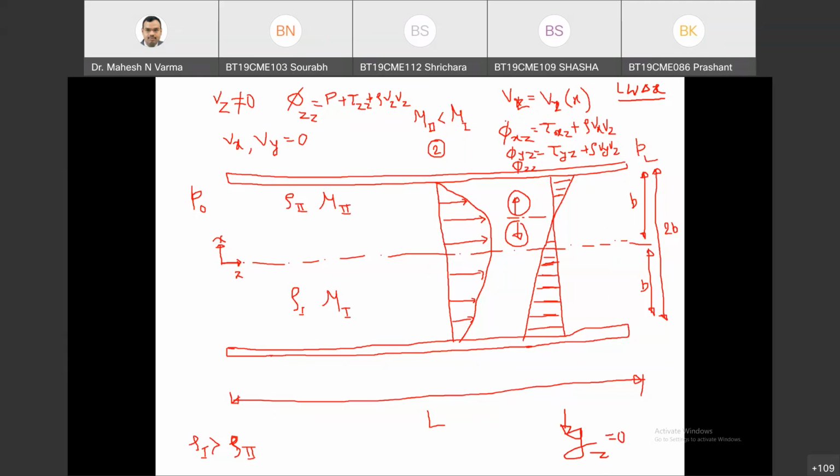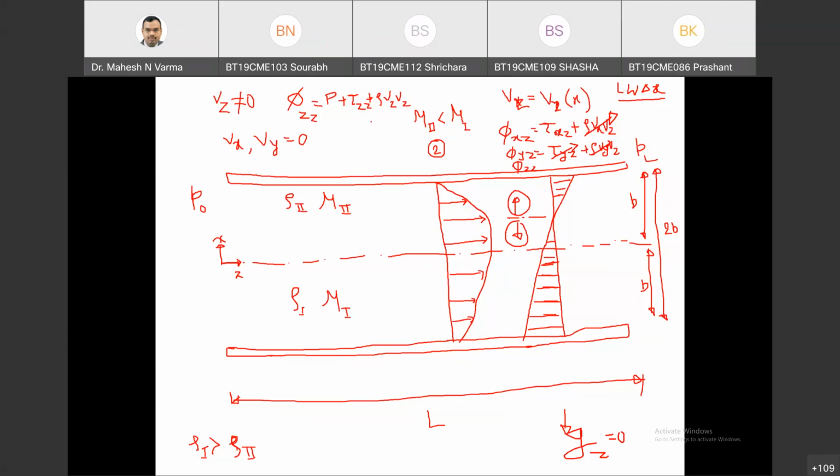So what about this phi XZ? Prashant? Tau XZ will be non-zero, and this will be zero because Vx is zero. How about phi YZ? Sir, phi YZ will be zero, tau YZ is 0.